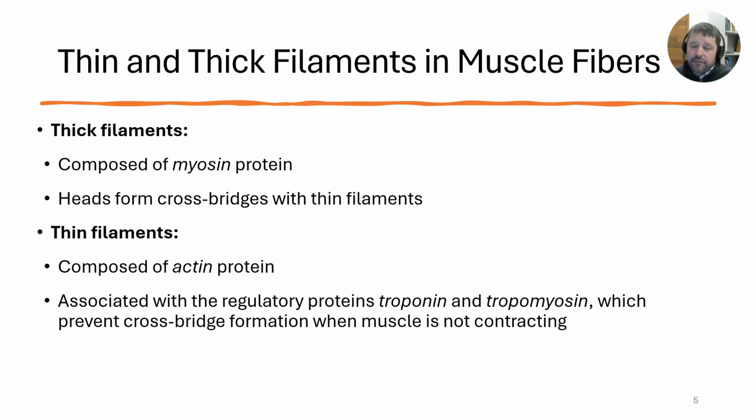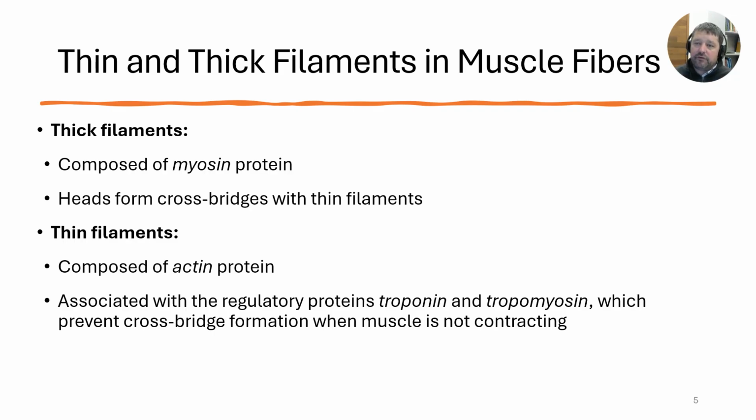Okay, thin filaments, actin protein. They're associated with a couple different proteins, troponin and tropomyosin. Together, troponin and tropomyosin will link together, and they prevent actin from having an open receptor, which would mean that myosin can't bind to it.